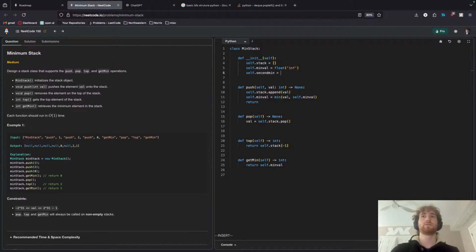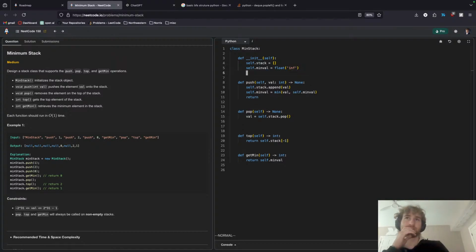Like second lowest. Get min will always be called on non-empty stacks. See the issue now, I can't just have a second min.